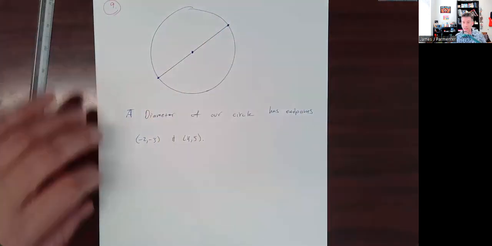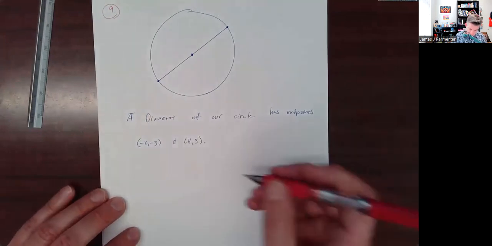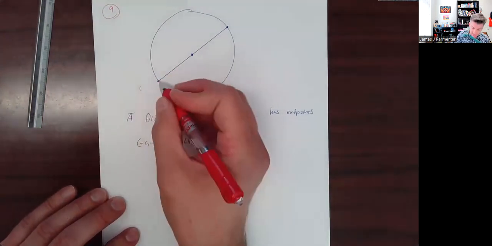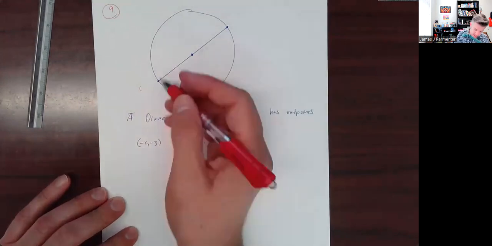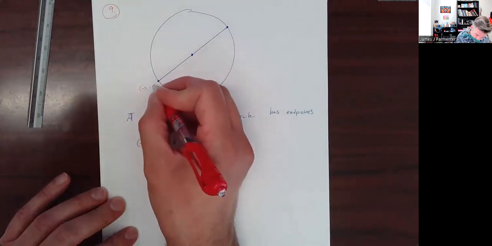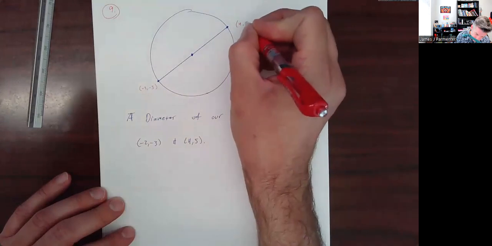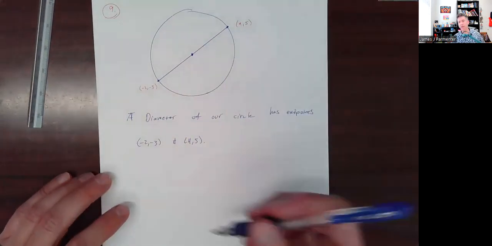So what they're telling us with this information is that the diameter has endpoints -2, -3, and 4, 5. You don't have to draw this picture to do this.